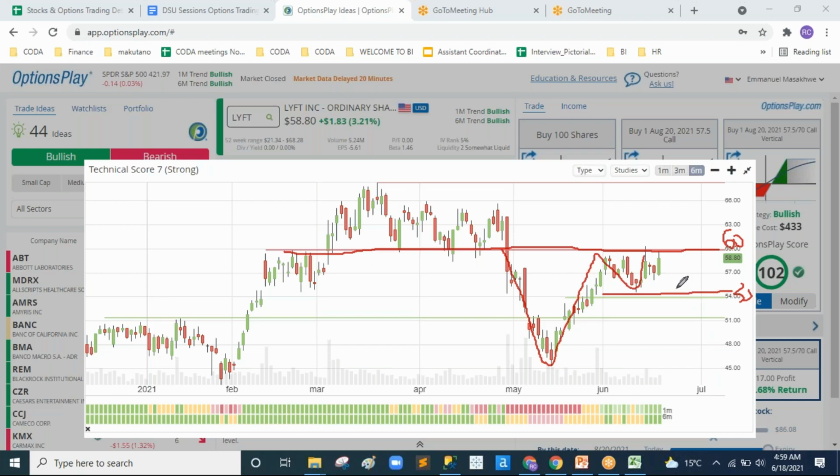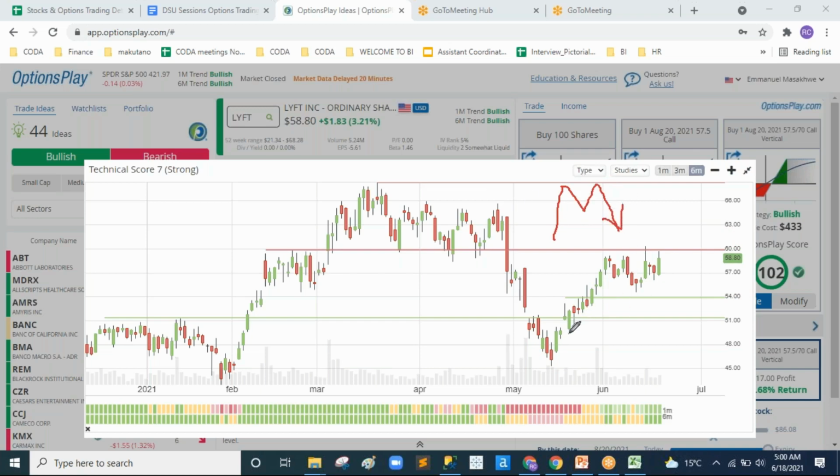Then if you look at the candlestick patterns, they also tell you something, the reversal patterns. There's what you call the M pattern. It retests the level back and retests. This is a bearish reversal pattern, so price might tend to go down.